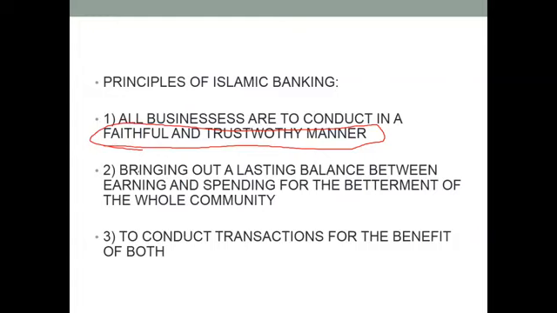All right, and number 2, bringing out a lasting balance between earning and spending for the betterment of the whole community. Now, you are not looking at your own profit only. Okay, you are also looking at the maslahah, the benefit for the society. For example, if you are looking at the rationality, zakat payment will reduce your profit, right?